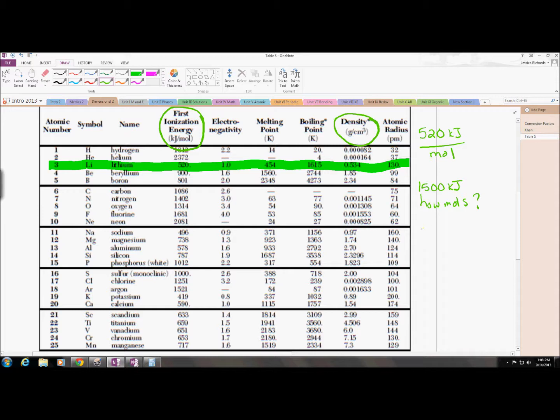We just do factor labels. So we start with our 1,500 kilojoules. We look at this factor up here and say, oh, I want kilojoules to cancel. So when I set up my factor, I'm going to put my 520 kilojoules on the bottom and my 1 mole at the top.